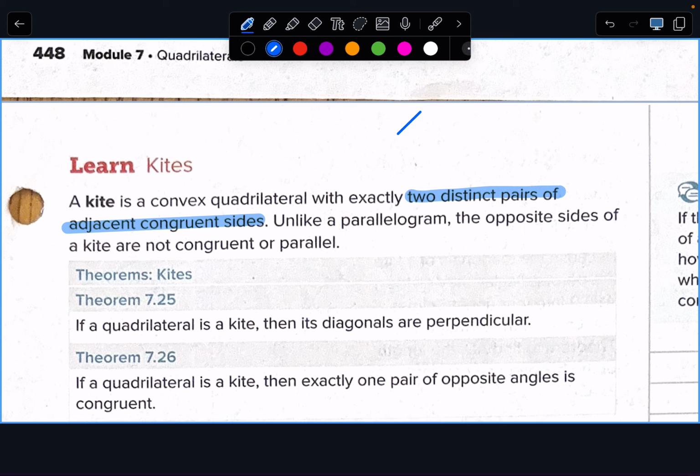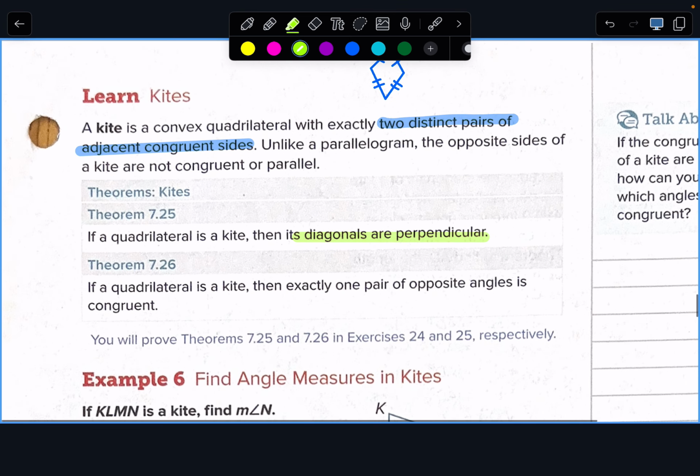So a kite, these two are going to be congruent, and these two are going to be congruent. Now, like a rhombus, the diagonals are going to be perpendicular. So I feel like there's going to be some right triangles happening, maybe a little Pythagorean theorem. Also, there is one pair of opposite angles that are congruent.